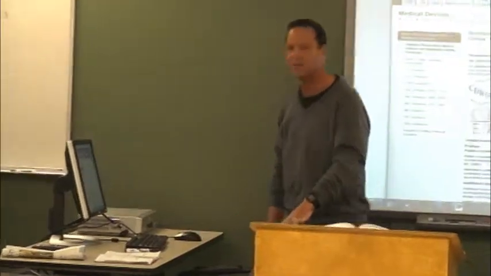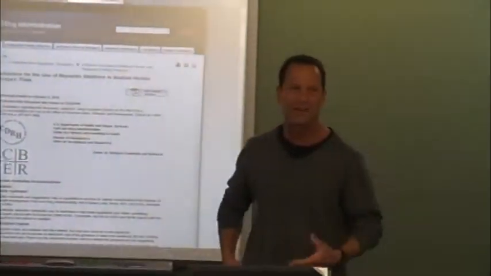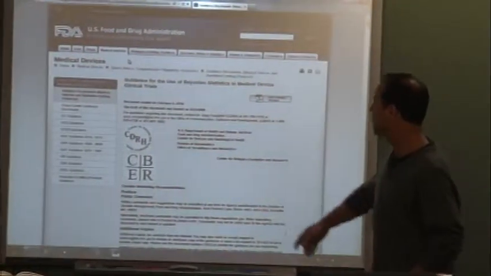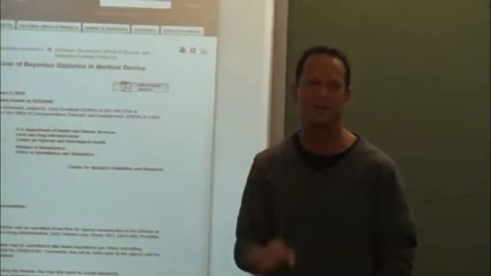It's got a whole document that guides you how to use Bayesian modeling for medical devices. I read this a few years ago because I was on a project where they were going to do some Bayesian modeling. They do a lot of Bayesian modeling for clinical trials because they're putting in information. So it's really interesting, and I wish I knew even more about it. I've played with it.